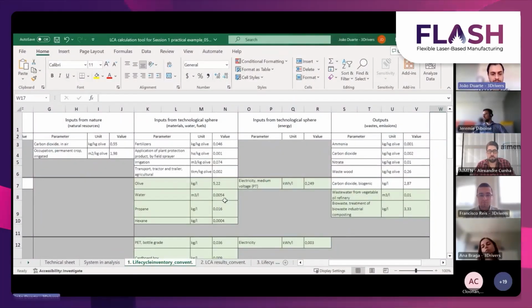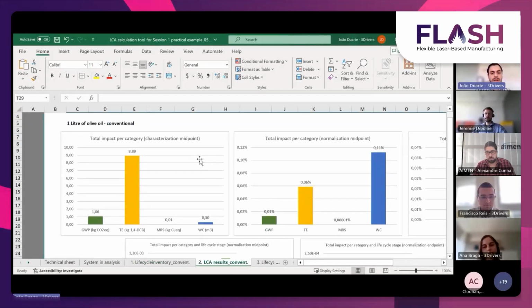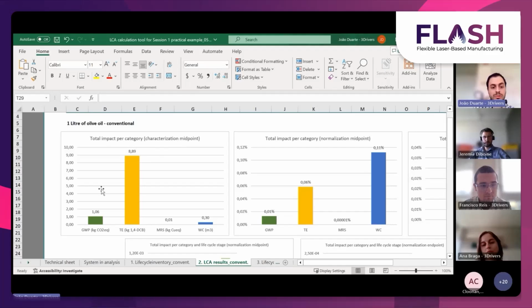Okay, so moving to the results. Here in the first graph, we have the total impact in midpoints. So this is the characterization. Every impact category, sorry, has a unit associated with it.